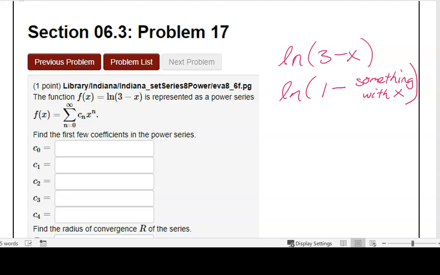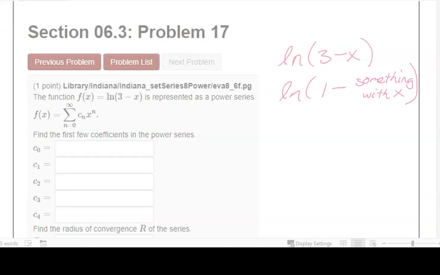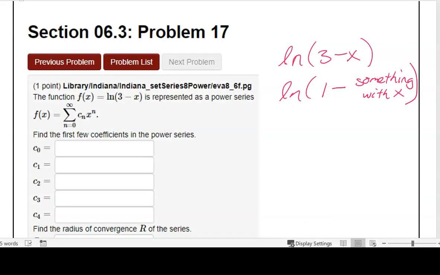It's not very clear. I think that's the one I'm looking at. Okay. All right. There we go.